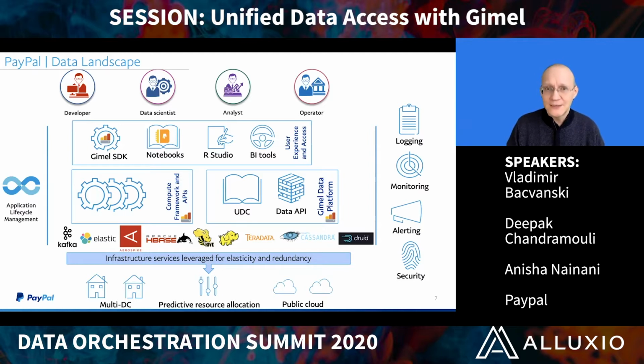You can see in this layer, we have a conventional Hadoop Hive. There are also large enterprise data warehouses like Teradata. There is a variety of NoSQL stores like Cassandra, and even some of the more exotic systems like Druid, which is used for real-time analytics. There is also a very significant presence of streaming systems for real-time insights.